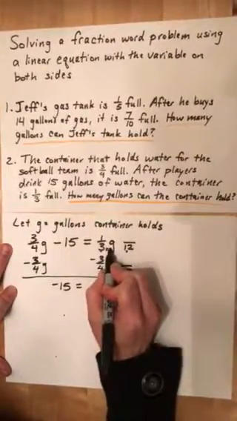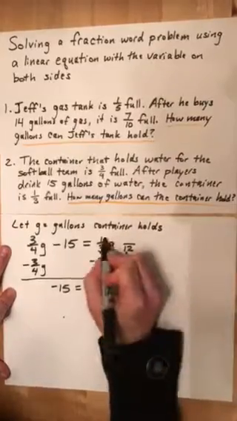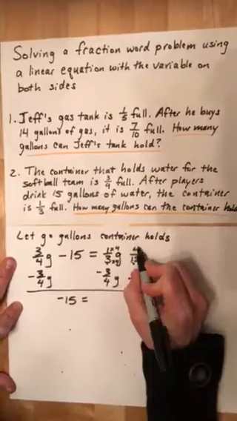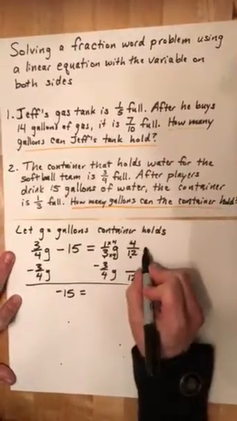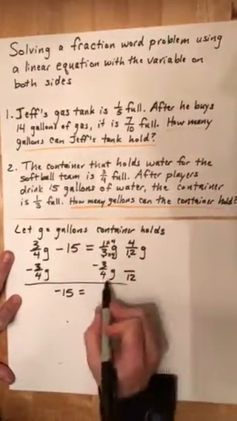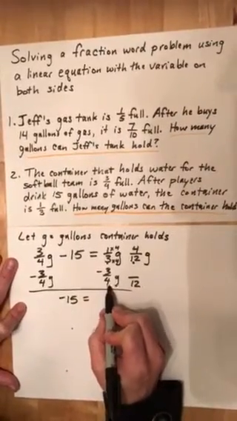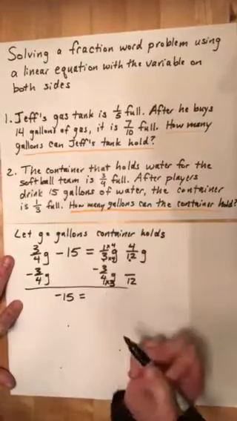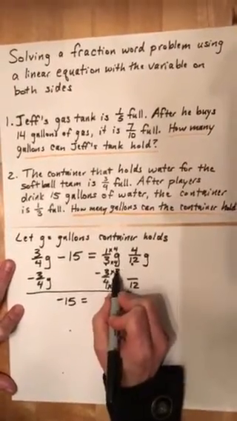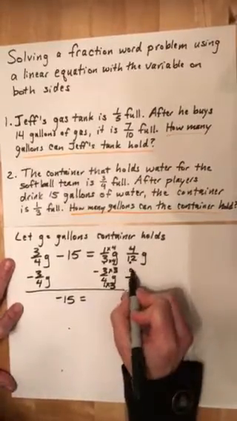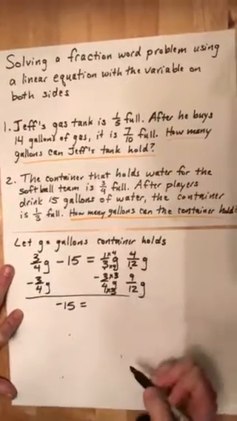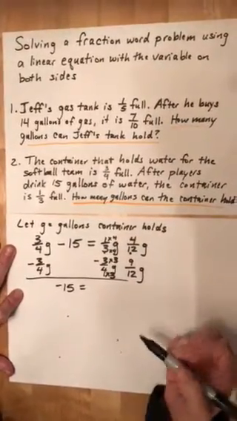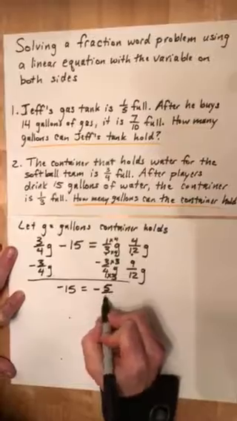So I'm multiplying that denominator by 4, which means I have to multiply the numerator by 4 also. So that would give me 4/12 G. For this lower fraction, 4 goes into 12 3 times. So I have to multiply the numerator by 3 as well, which would be 9/12 G. So if I subtract 4/12 G minus 9/12 G, I will get a negative 5/12 G.